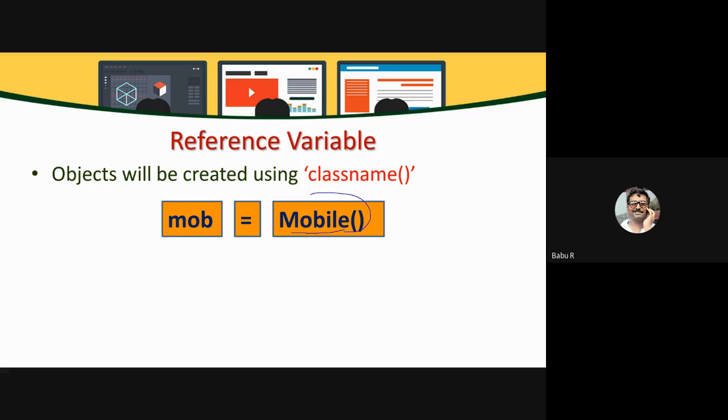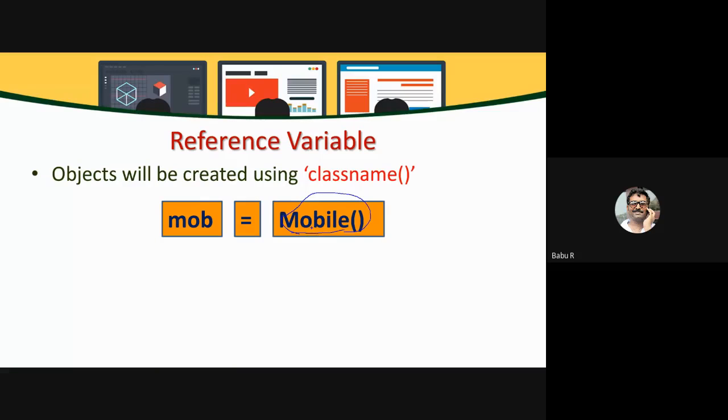So when you write Mobile with open and close brackets, where Mobile is your class name, the object will be created.